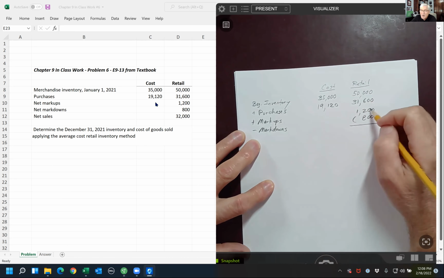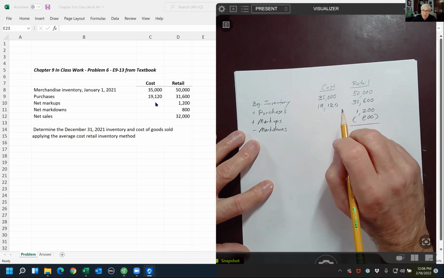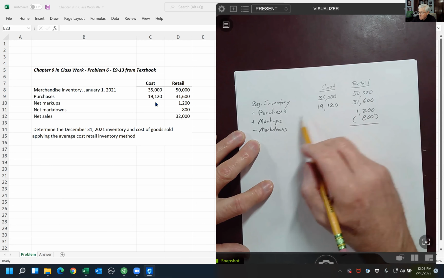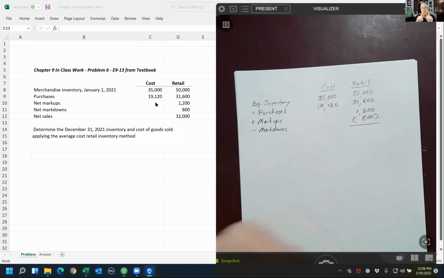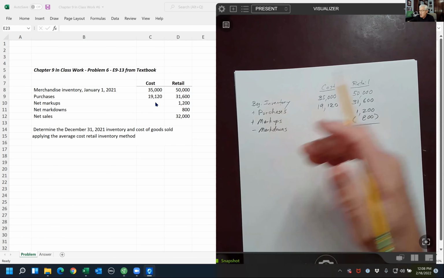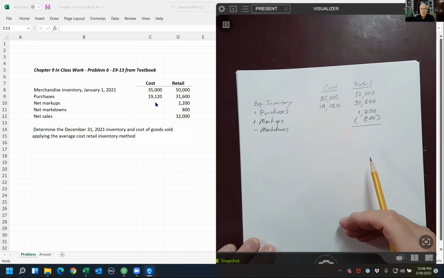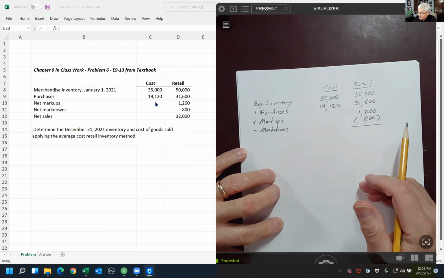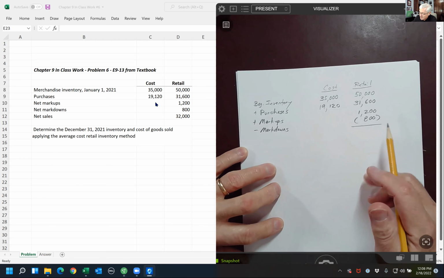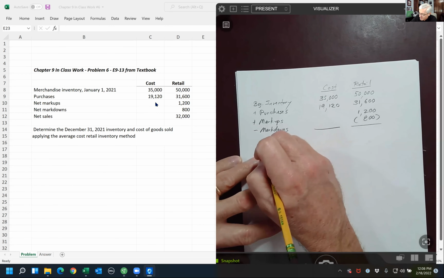We include both markups and markdowns. In the conventional retail method, we only include the markups for the cost of retail percentage. When you calculate the ending inventory at retail, you still include both on the other method, the average cost method. So let's go calculate available for sale now.